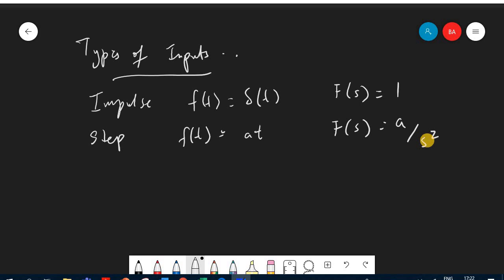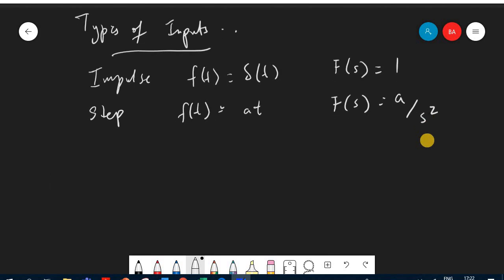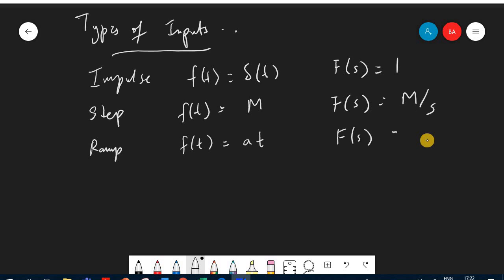Oh my god, what did I do? For a step input, this will be m, and that will be m over s. For a ramp input, it will be at, and that will be a over s squared.